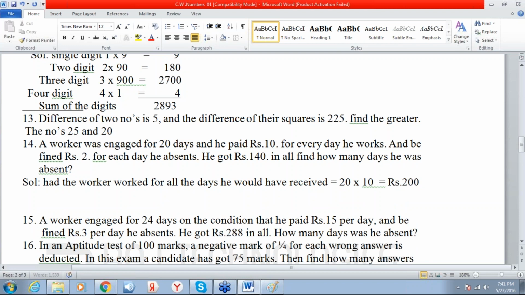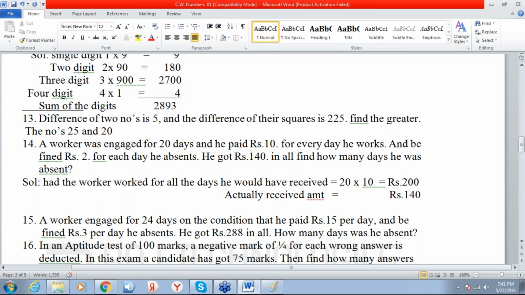But the actually received amount is rupees 140.